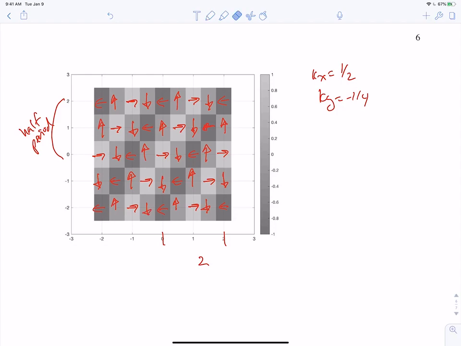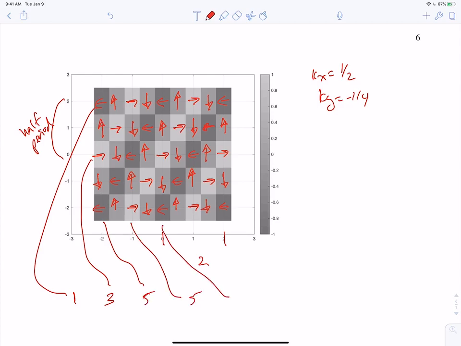So let's look at the sum. So this is -1 times 1, so it's 1, right? So this is going to be equal to 3. This is going to be equal to 5. This is 5. This is 5. This is 3. This is 1. So the sum is 15 plus 6 plus 2 equals 23.